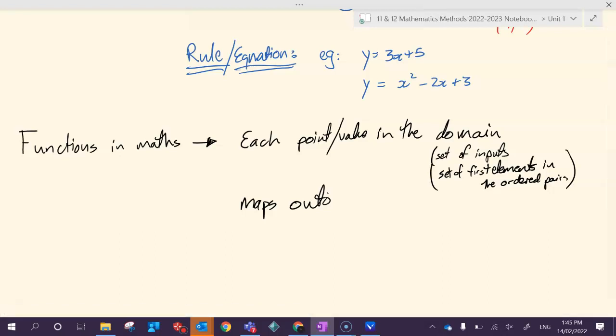Each value that you put into the function maps onto, at most, one output value, or y value.